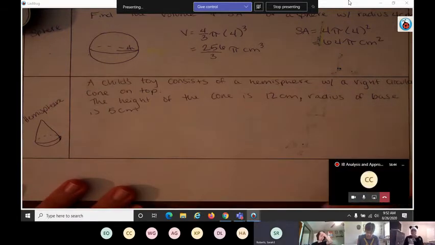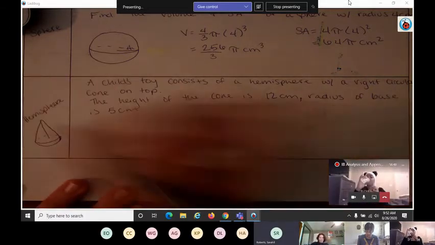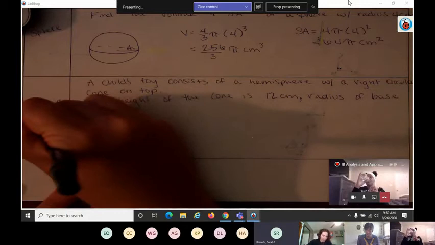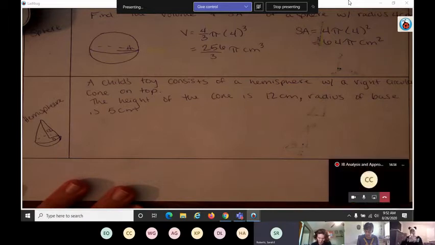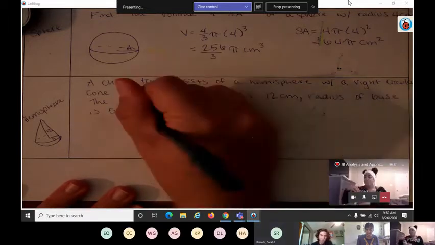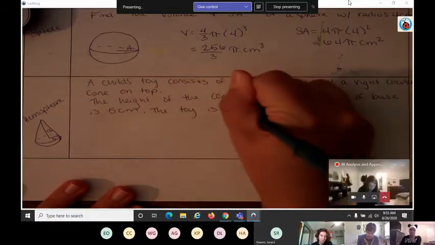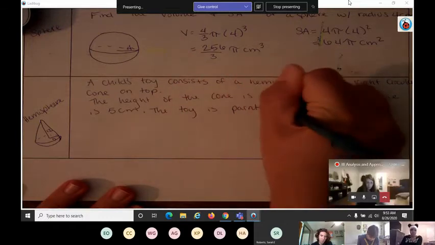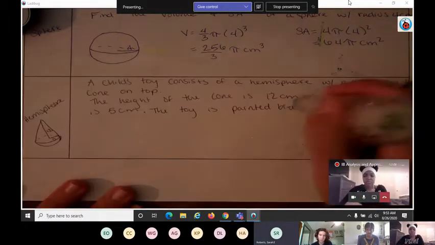Okay, so we said the height of the cone is 12. The radius of the base is 5. It says the toy is painted blue. Okay, wow, my handwriting.